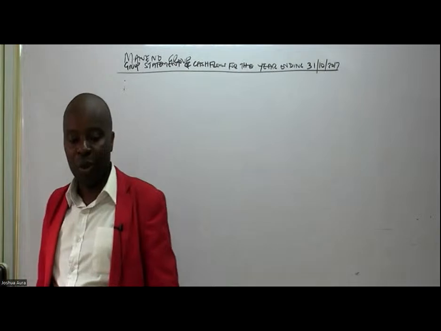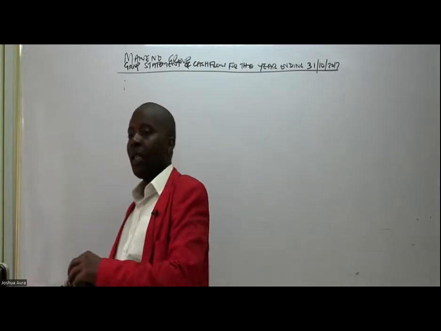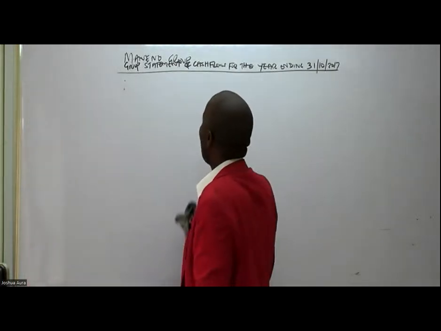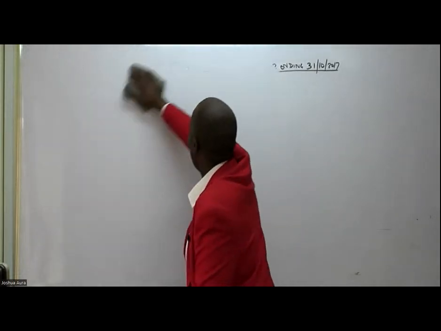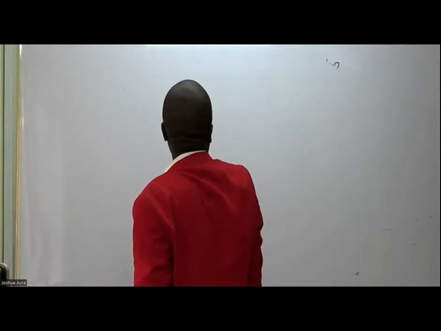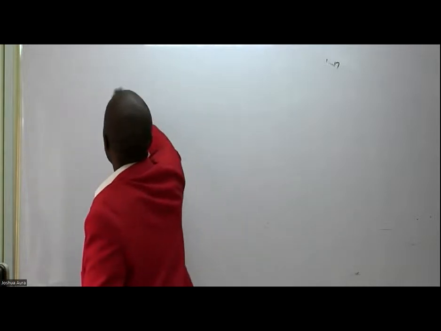Because I would want all the space in the world, now that you have been able to write down the heading, I would want to rub this so that I can have a clean slate to start with. Now, ladies and gentlemen, if you remember, the cash flow statement has three activities: operating activities, investing activities, and financing activities.